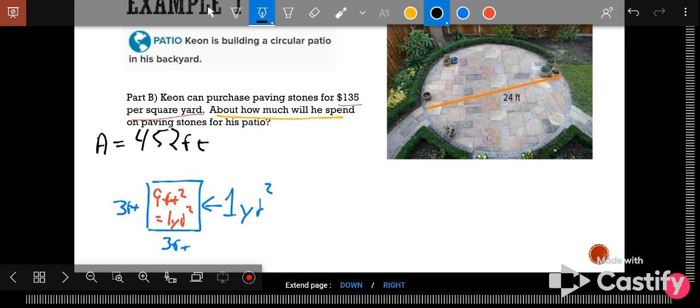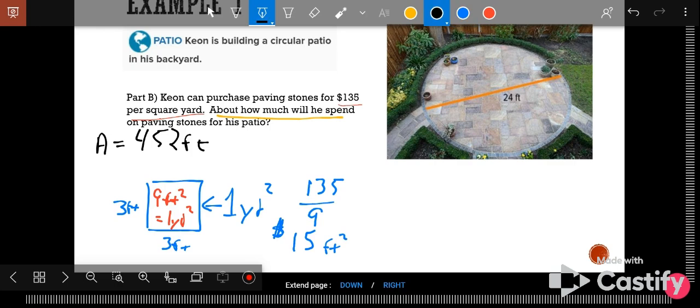So what we're going to do here for the price is take that 135 and divide it by 9, and so it's $15 per square foot.